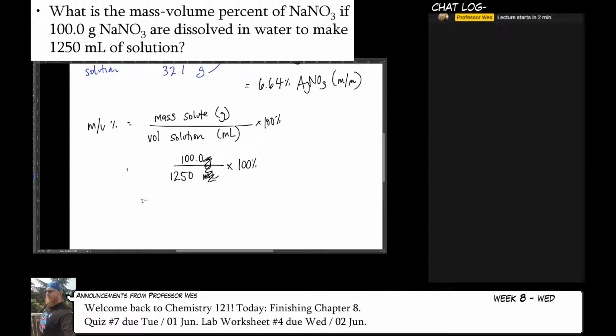So I get 100 over 1250 times 100%. I get an 8% solution, specifically 8.00 for sig figs. And this is NaNO3, MV.